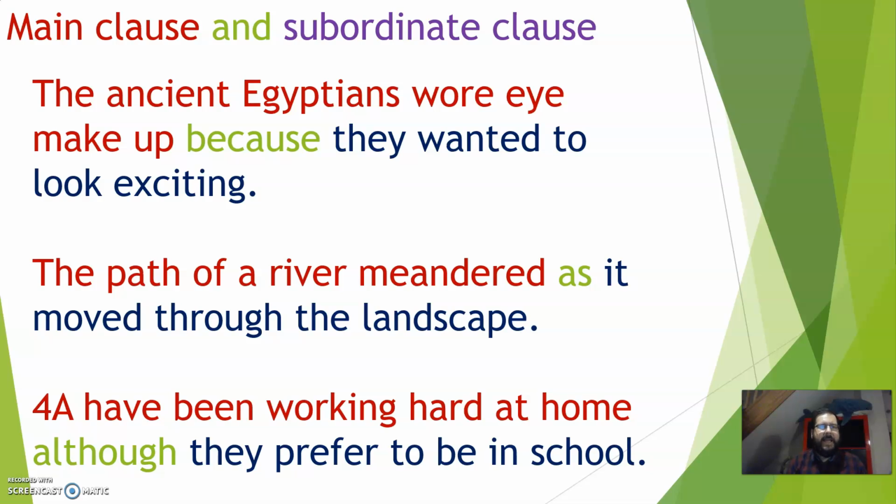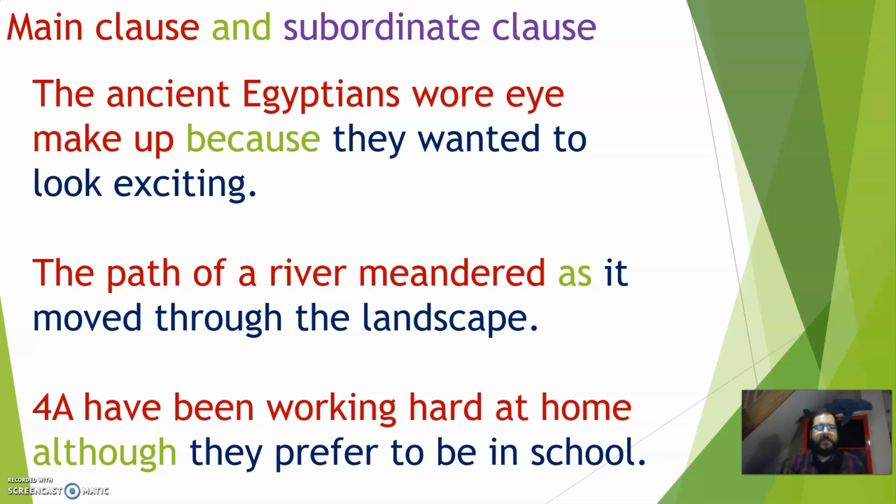Now, the main clause, the ancient Egyptians wore eye makeup, makes perfect sense on its own, and you could use that as a sentence. If you take the second part, the subordinate clause, they wanted to look exciting, that doesn't make sense on its own, but when you join it to the main clause, it's adding extra information about it. It's telling you that the reason why they wore the eye makeup is to look exciting.